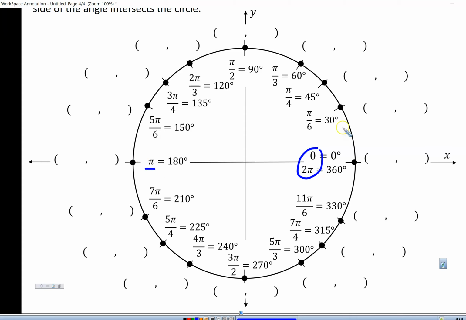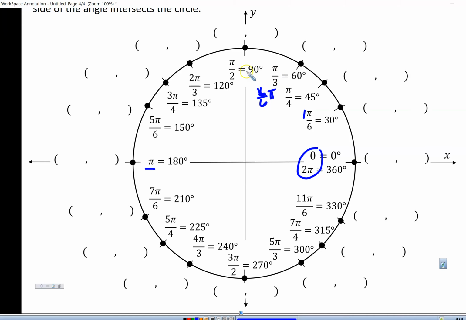And then the 30-degree increments, which are your pi 6 multiples, since pi 6 is equal to 30 degrees, and every quadrant is 90 degrees, we get 3 of those in each for a total of 6. So this becomes 1/6 pi. This is 2/6 pi, which reduces to pi thirds.